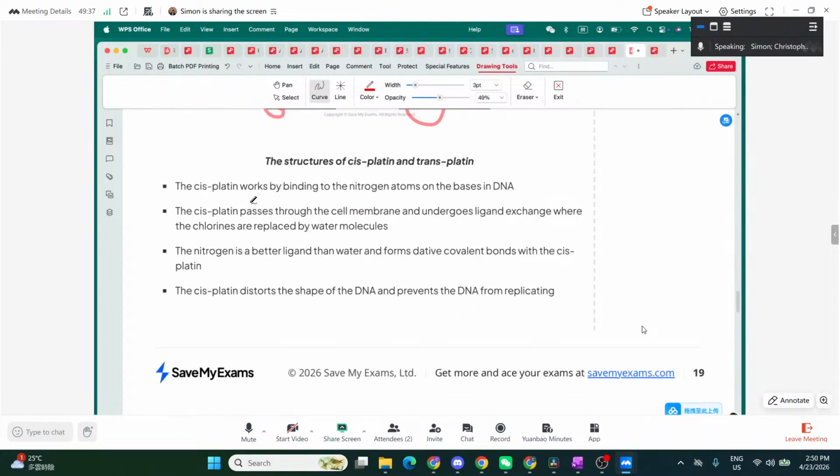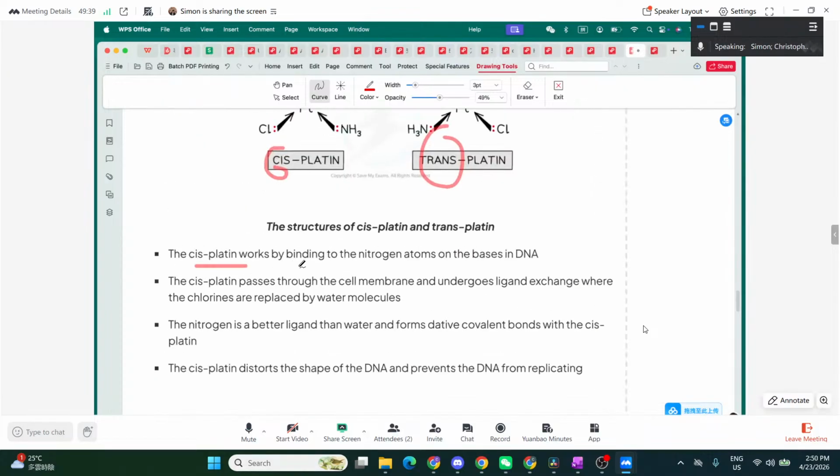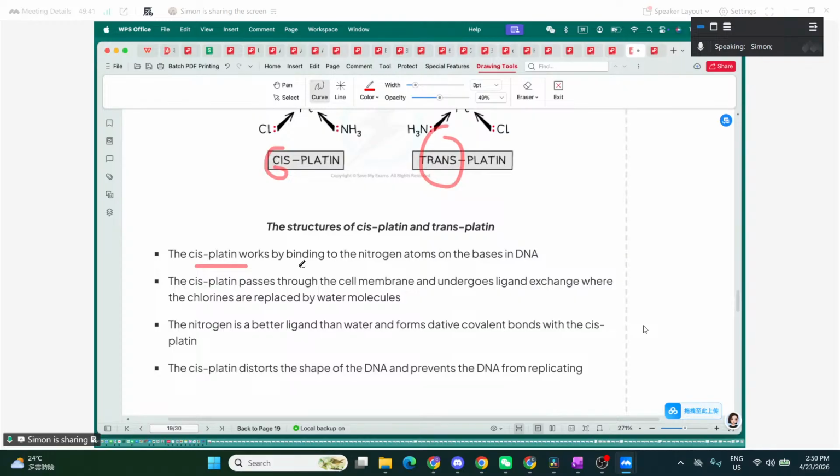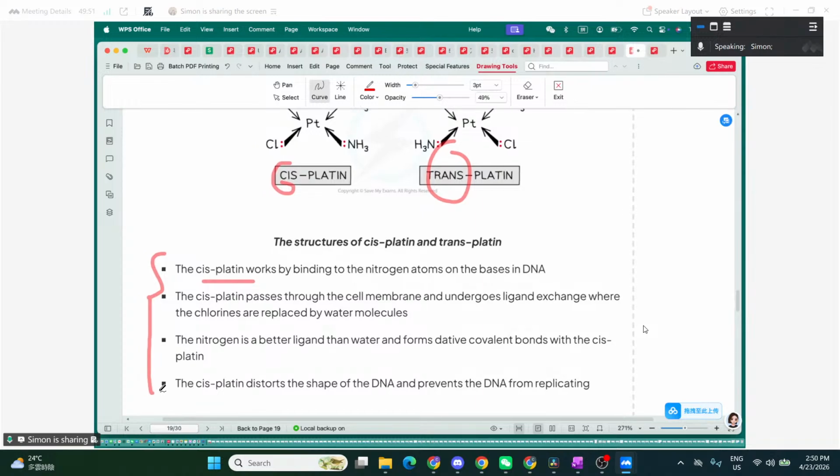We know cisplatin works by binding the nitrogen atom on the bases. This is the actual process, the principle of cisplatin. The first step is cisplatin works by binding the nitrogen atom on the bases in DNA.